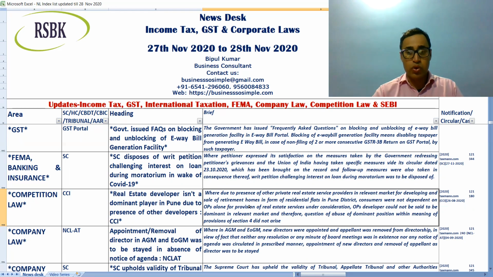The OP developer could not be said to be dominant in the relevant market, and therefore the question of abuse of dominant position within the meaning of section 4 did not arise.